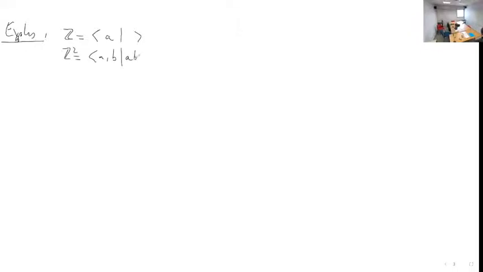So it means that the commutator belongs to the kernel. And if you want a finite group, for instance, Z over NZ, cyclic groups are generated by only one element, and the main property is that A to the N is trivial. Is that clear up to now?